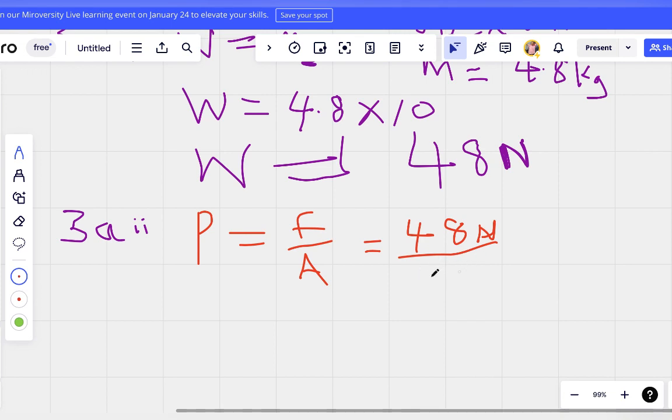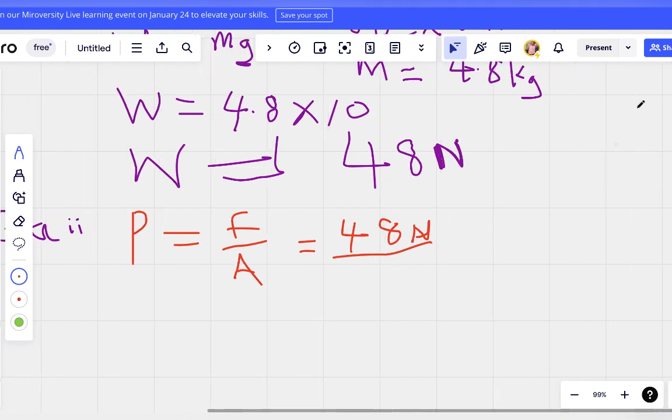Now you have to calculate the area. They've given you the base dimensions, 0.12 multiplied by 0.16. So we have to find the area of the base of the container.